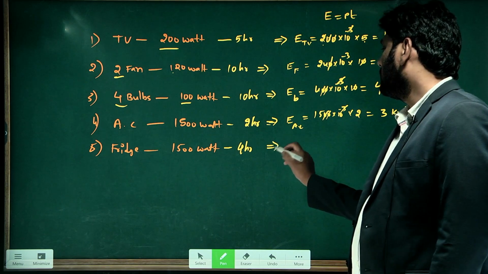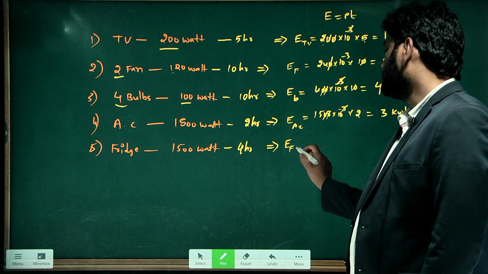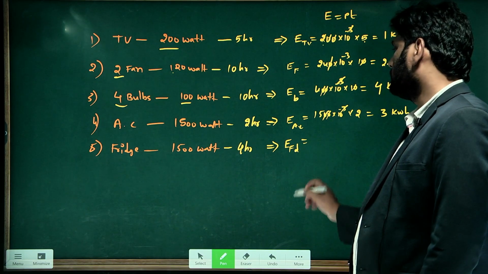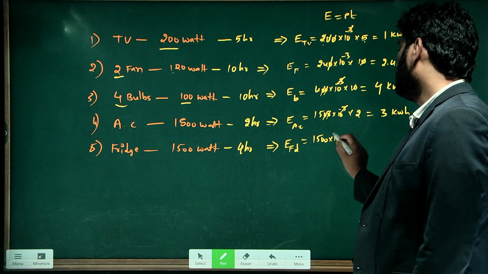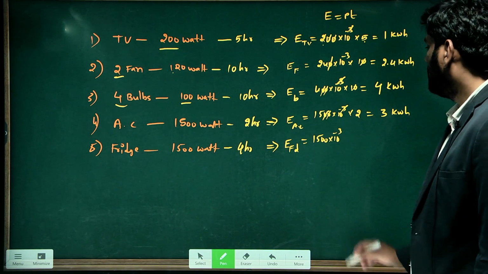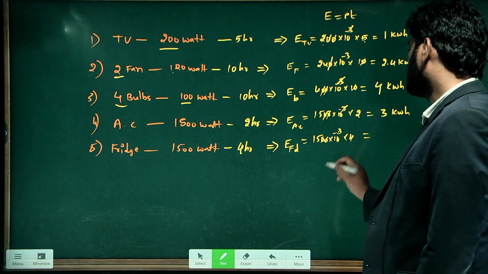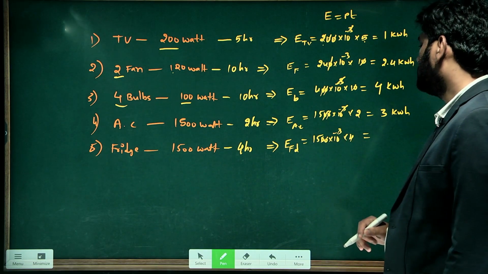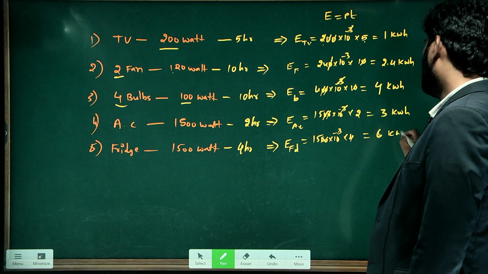Now next, the energy consumed by the fridge. It is also 1500 watts, converted into kilowatts, that is 10 power minus 3, into 4 hours. See here, the zeros get cancelled. 1.5 into 4 is 6 kilowatt hour.